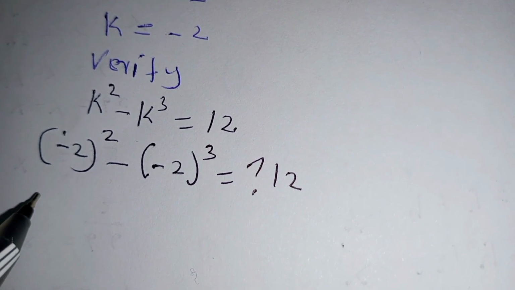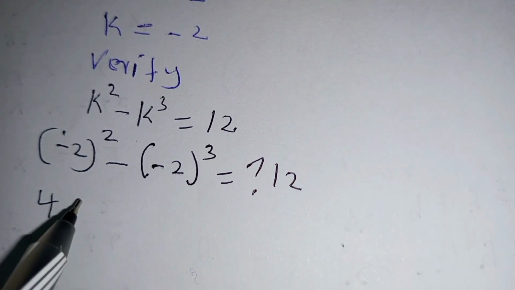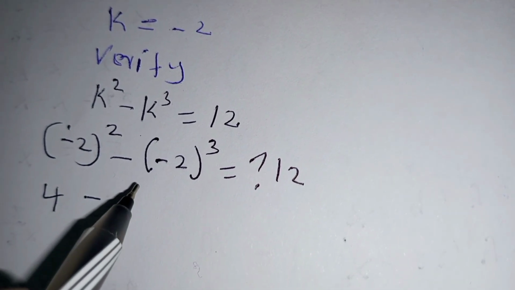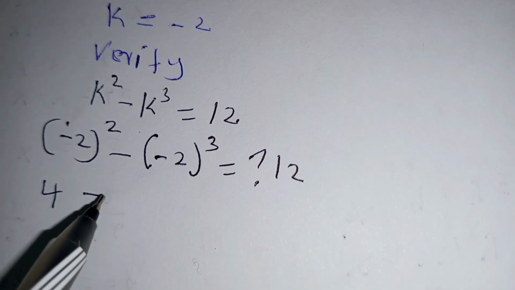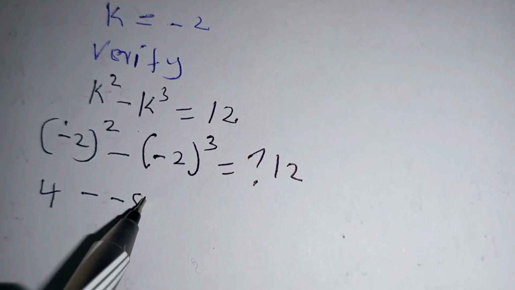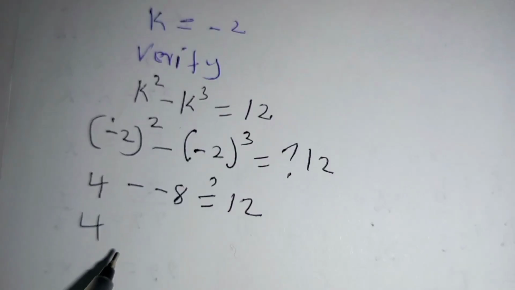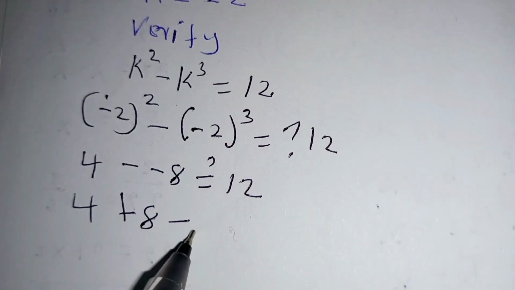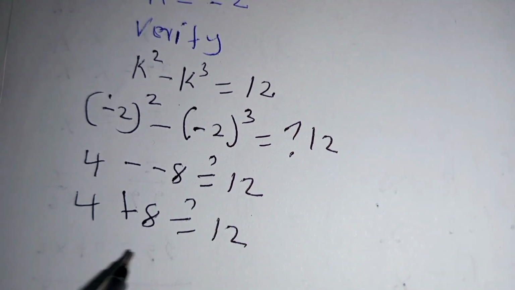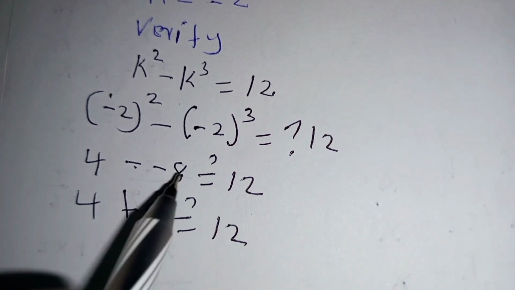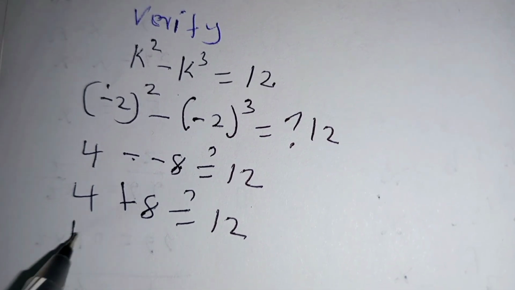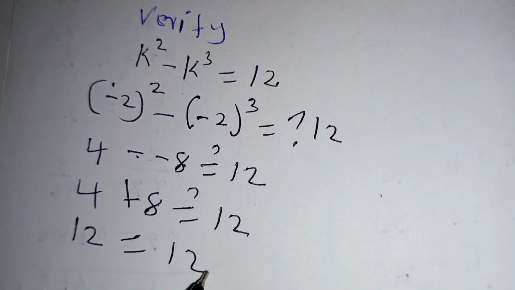Negative 2 squared is 4, minus bracket negative 2 cubed is negative 8. Is it equal to 12? 4 plus 8, is it equal to 12? Negative and the negative becomes positive. So 4 plus 8 is 12, which is equal to 12.